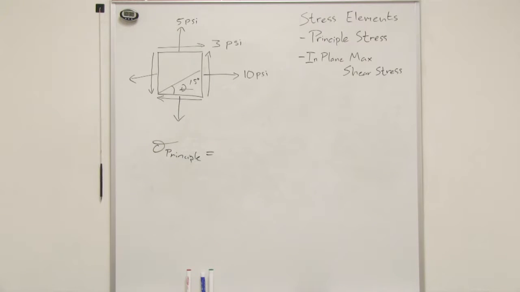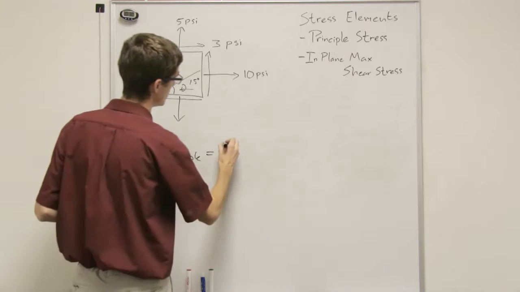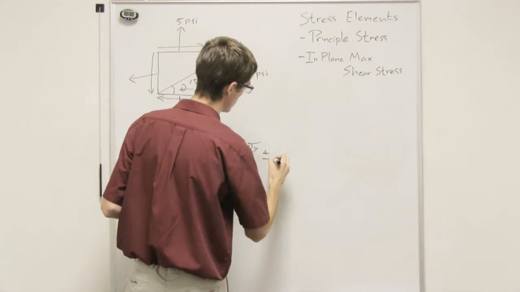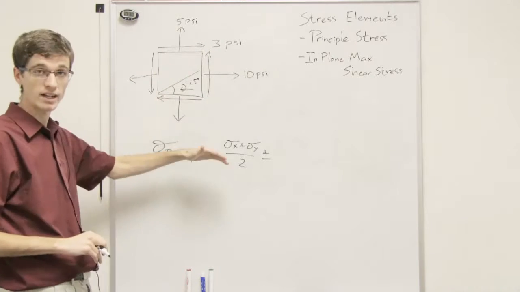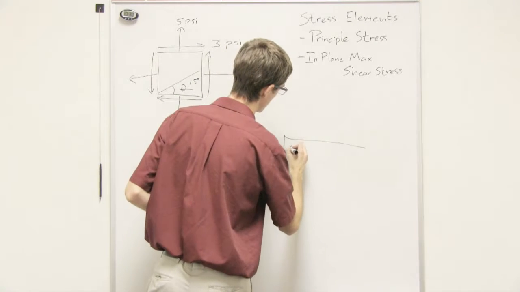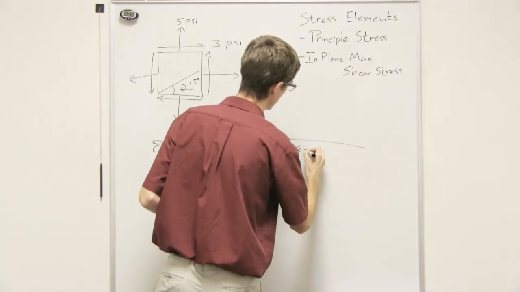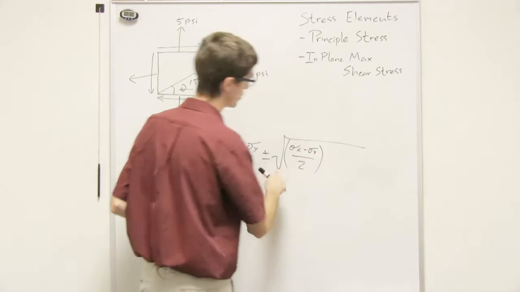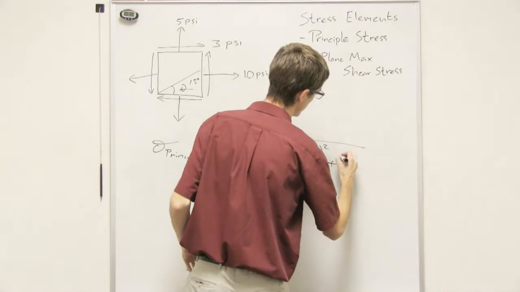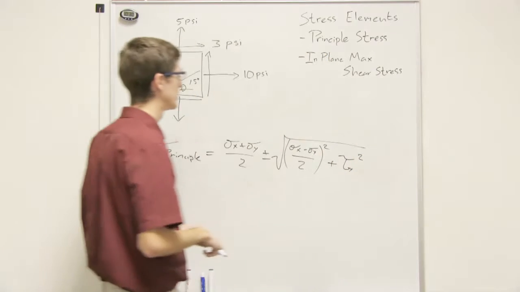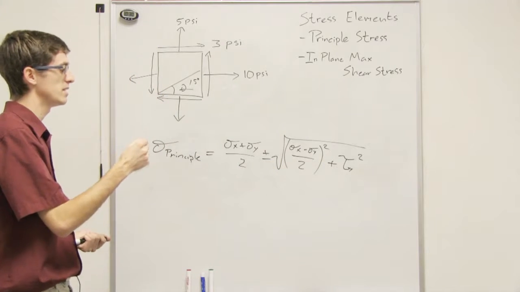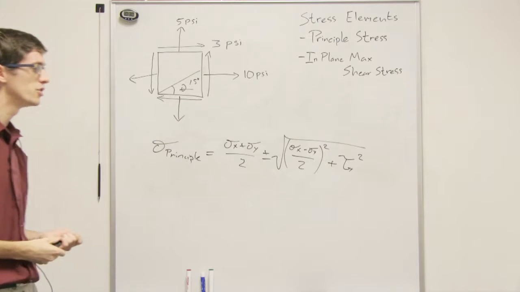That equation will come out to be sigma x plus sigma y over 2, plus or minus the square root of sigma x minus sigma y over 2 squared, plus the shear of xy squared.